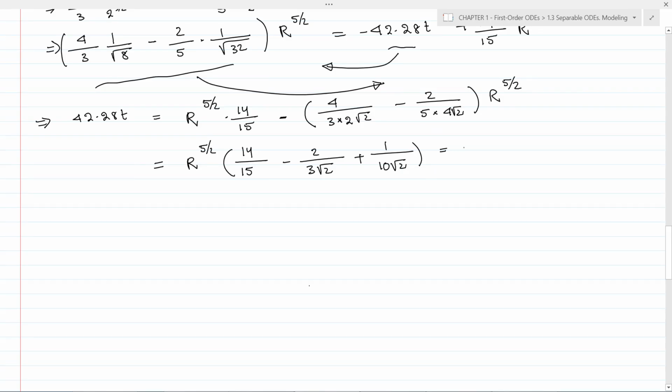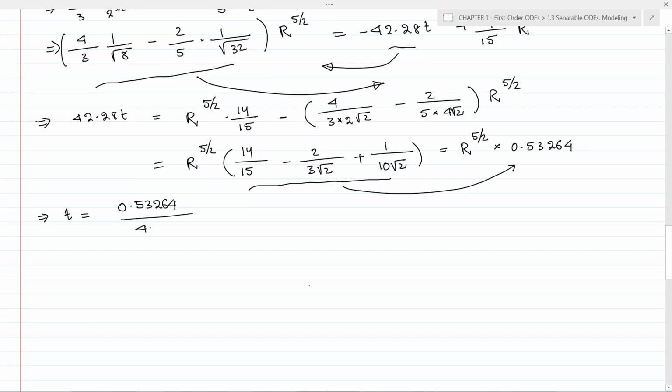This right hand side we can simplify and we can write r to the power 5 by 2 multiplied by this term which is equal to 0.53264, which implies time t equal to 0.53264 divided by 42.28 r to the power 5 by 2, which is equal to 0.012598 r to the power 5 by 2.